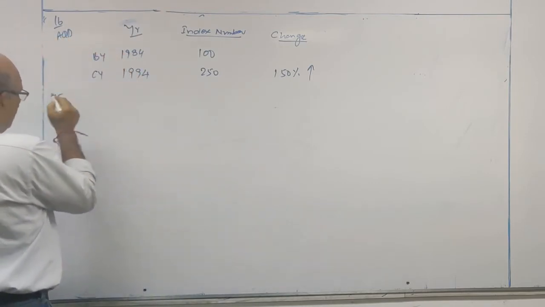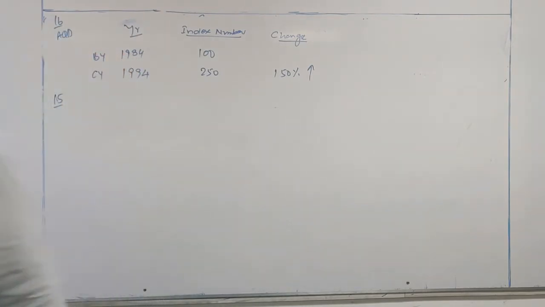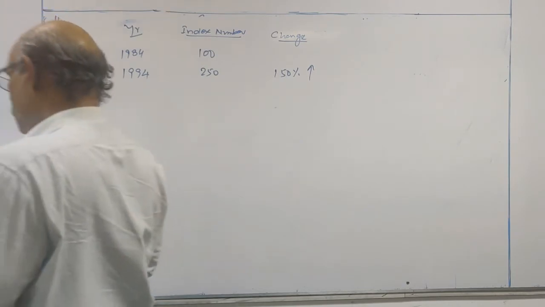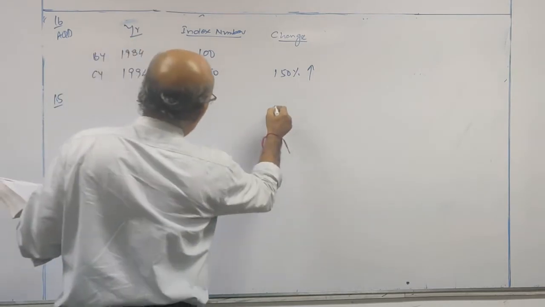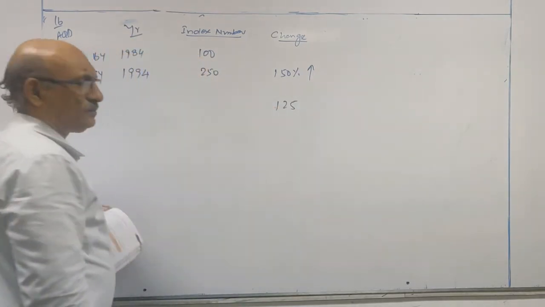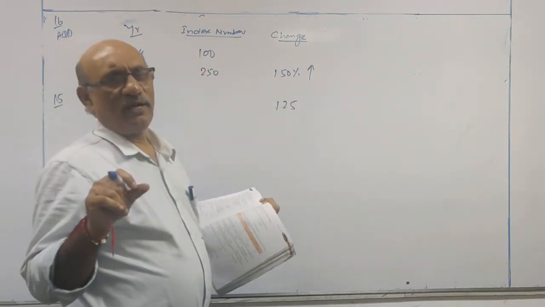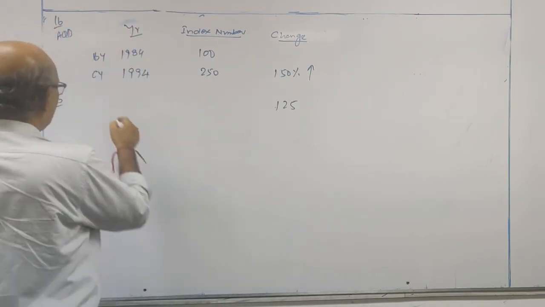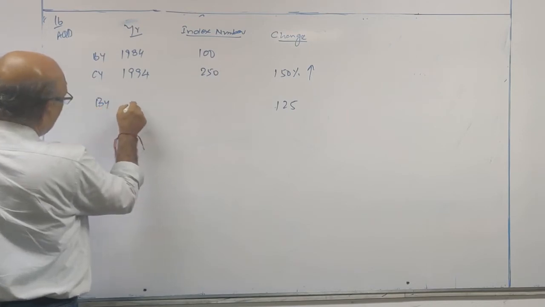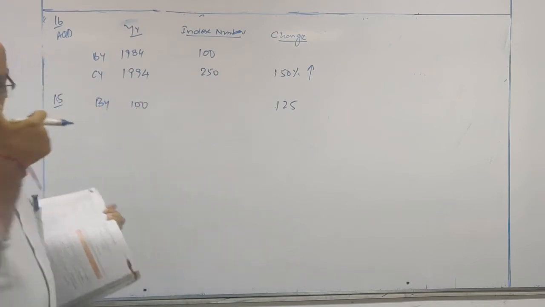Now look at question number 15. Change is given as 125. Don't worry, 1.25 is printed, it is 125. Index of base year, always you have to take 100.